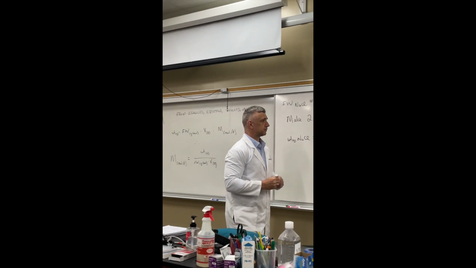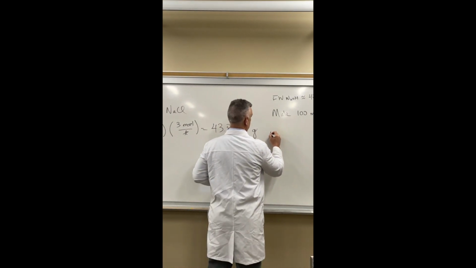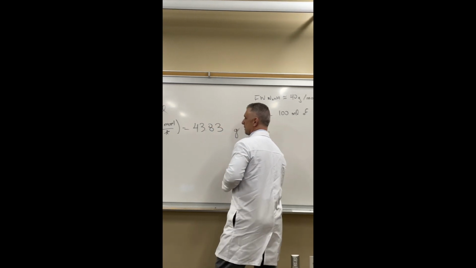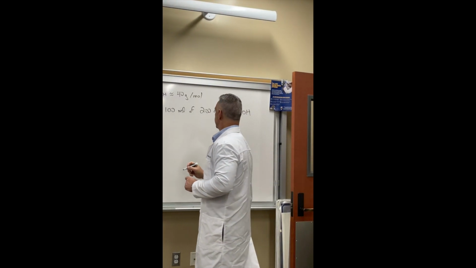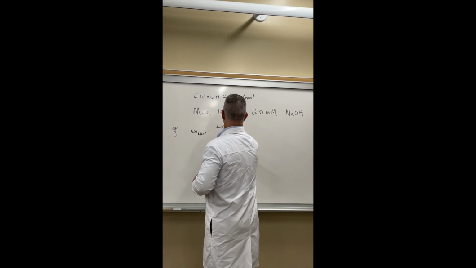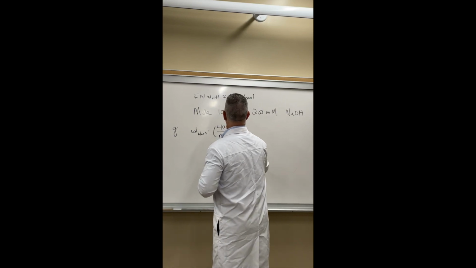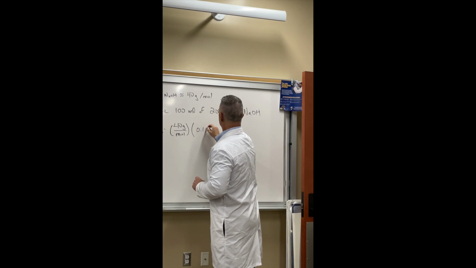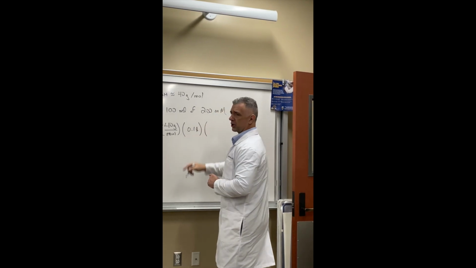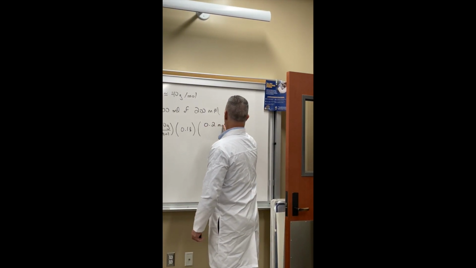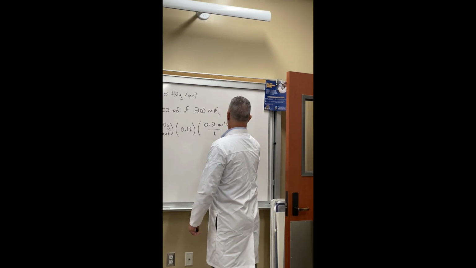So, the amount in grams of sodium hydroxide that we need to measure out is going to be 40 grams per mole times our target volume, which is 0.1 liters, times our target molarity, which is 200 millimolar, or 0.2 moles per liter.